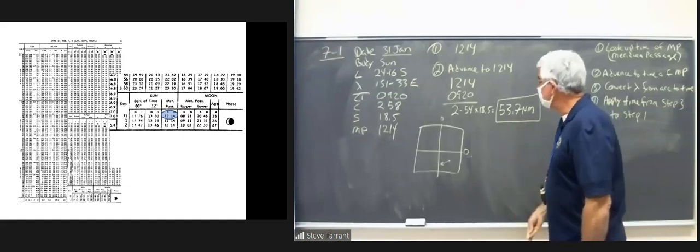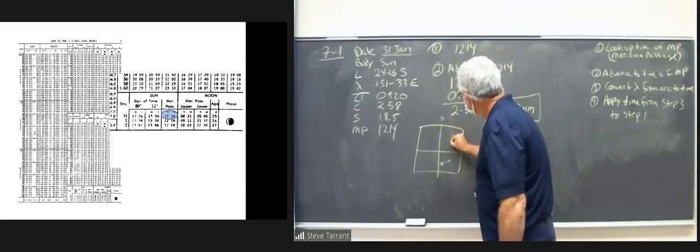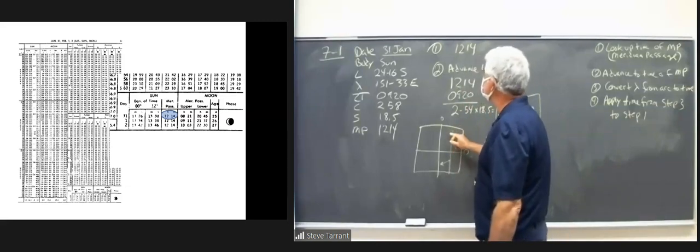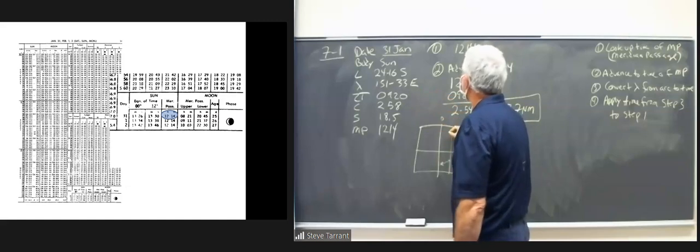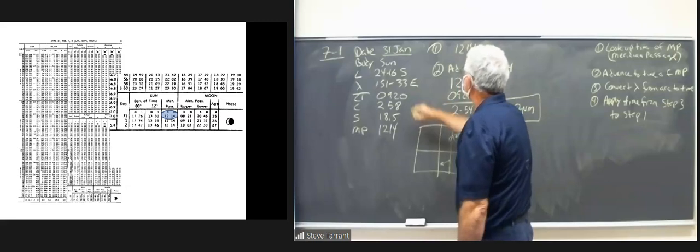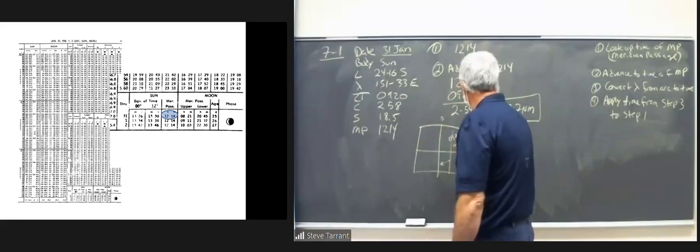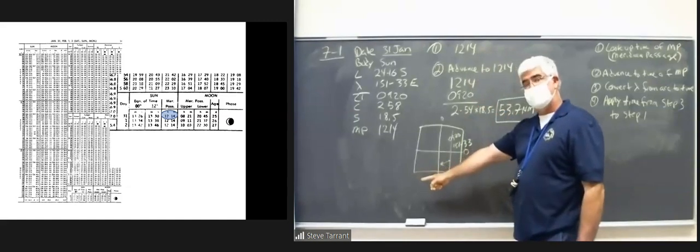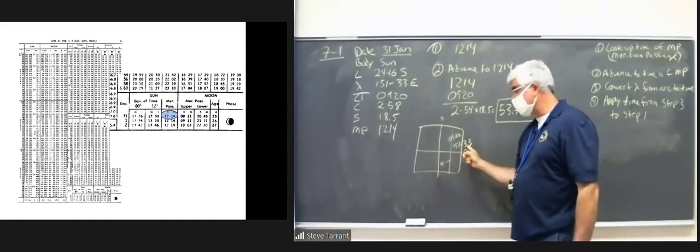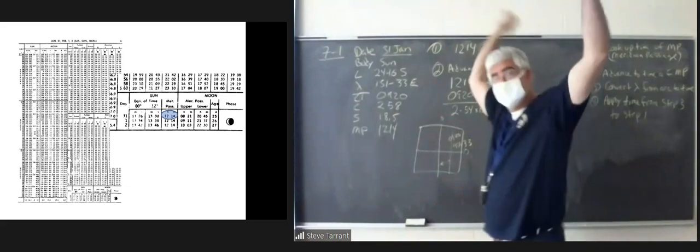Okay? So, this is at 0920. I'm at 151.33. I'm going west. What's going to be happening to my longitude as I'm going west?